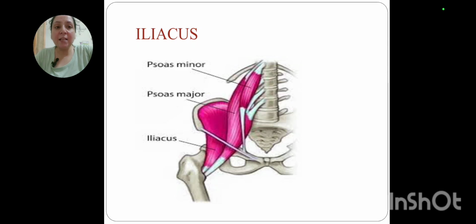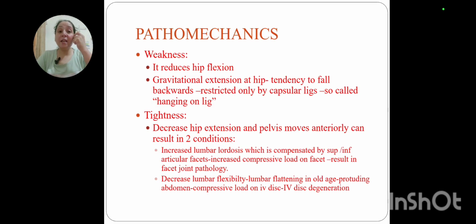Now the iliacus muscle. As I told you, this you can see is minor, this is major, which is getting attached to the lesser trochanter, and this is the iliacus group of muscle. Now what is the weakness? It is also responsible for hip flexion. Weakness of the hip flexors will give less hip flexion, but something important is the gravitational extension at the hip; the tendency to fall backward will be there.